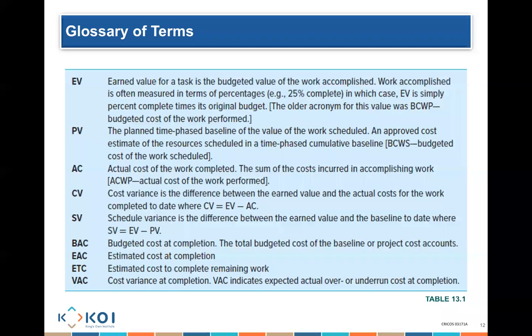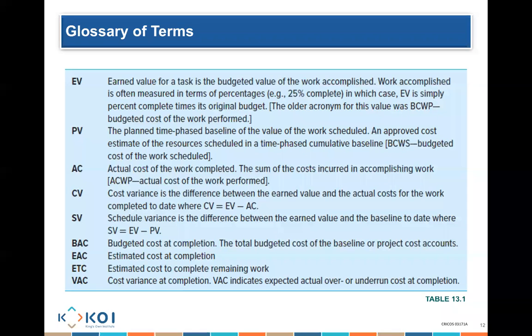The question then comes, okay, you've earned $250 worth of work. Great. How much were you planned to earn? Were you planning to earn $250? Or were you planning to earn $300? Or were you planning to earn $200? Because if you were planning to earn $200, but you earned $250, then great, you are ahead of schedule.